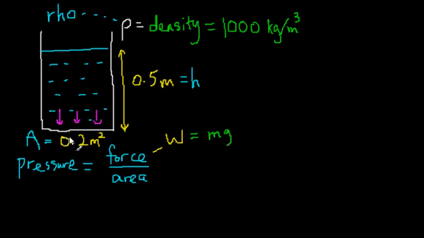Okay, maybe we are getting somewhere. Now acceleration due to gravity, let me just write this out for reference. Acceleration due to gravity g is 9.81 meters per second squared. Okay.